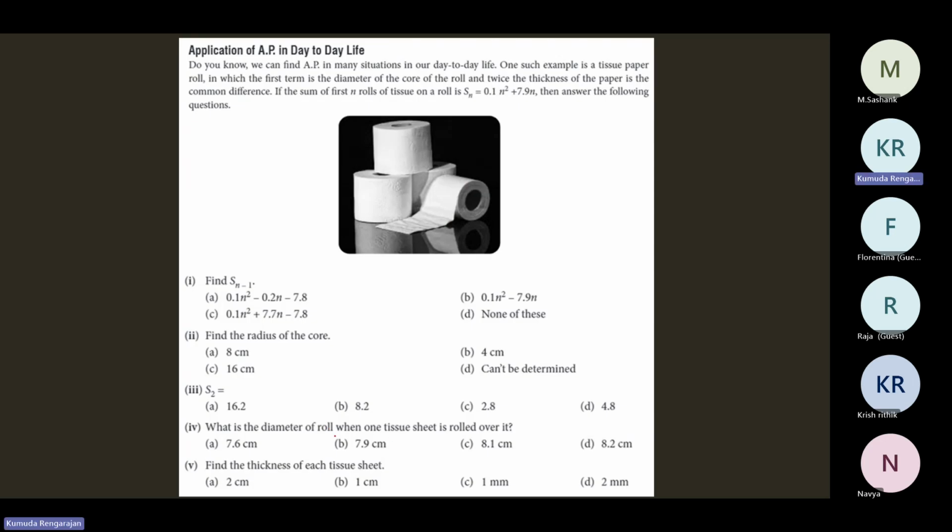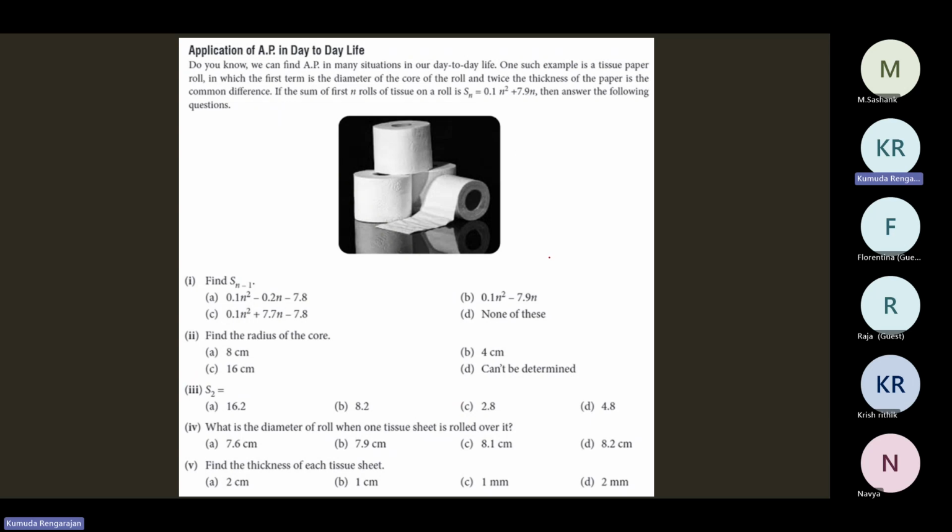What is the diameter of the roll when one tissue sheet is rolled over it? So you should find the second term, because the first term is the diameter of the core, so this is the next one.